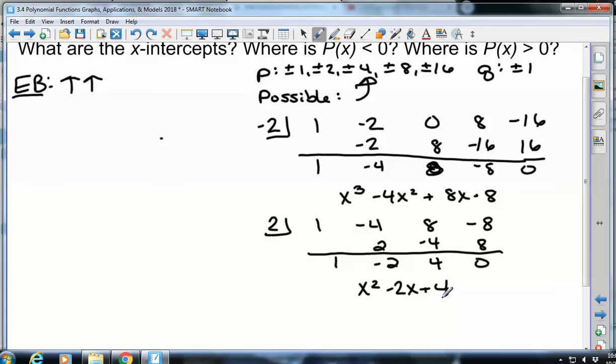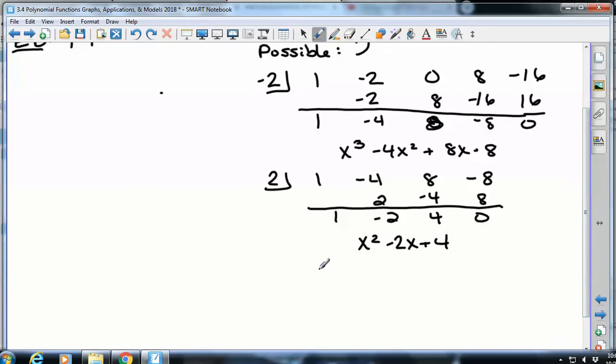All right, is there anything that multiplies to 4 and adds to -2? No. So what am I going to have to do to finish this? Quadratic formula. It's a long one.